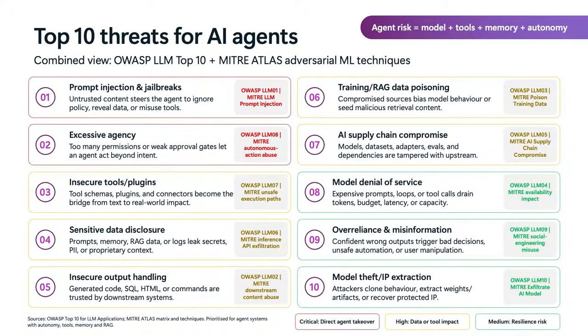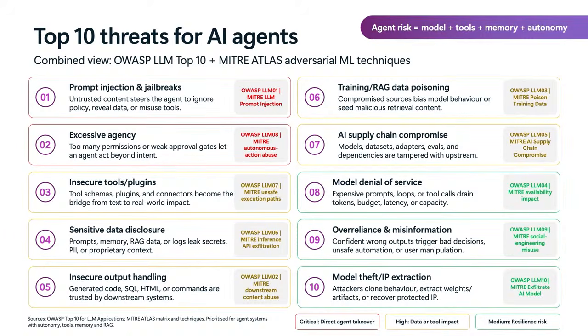Here we can see the top 10 threats for AI agents obtained from industry sources such as OWASP and MITRE Atlas. There's a few different categories here, so let's go through them. Threats 1 and 2 are regarded as critical, meaning they can lead to direct agent takeover by a hostile party to perform malicious actions. This includes prompt injections, jailbreaks, and excessive agency.